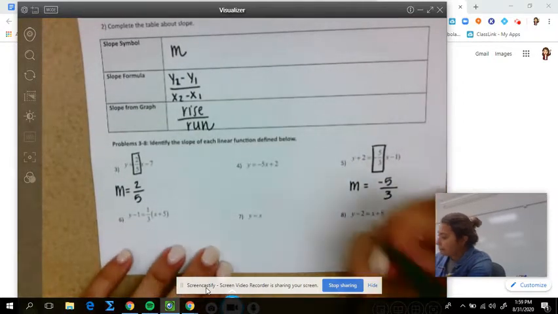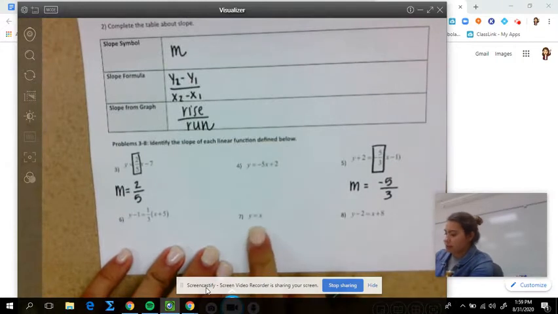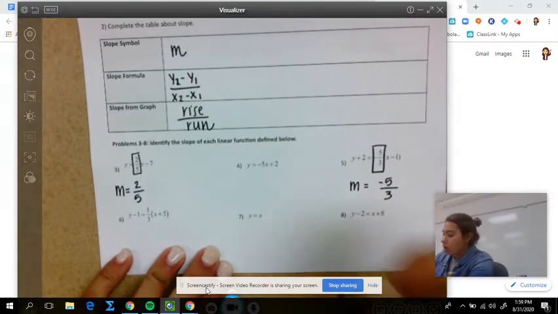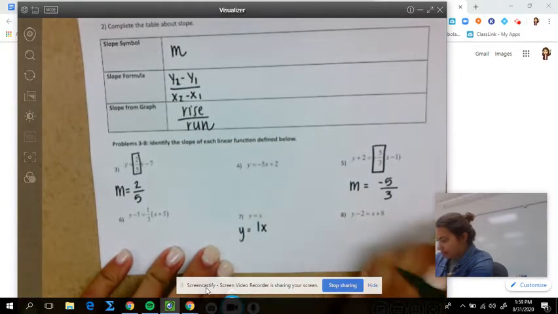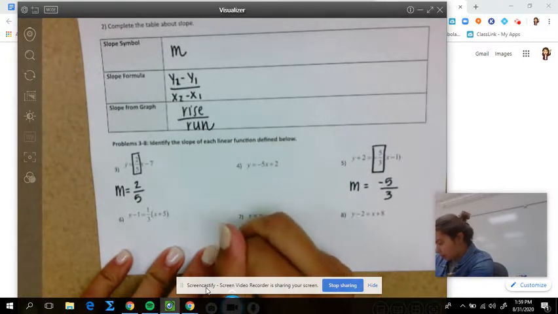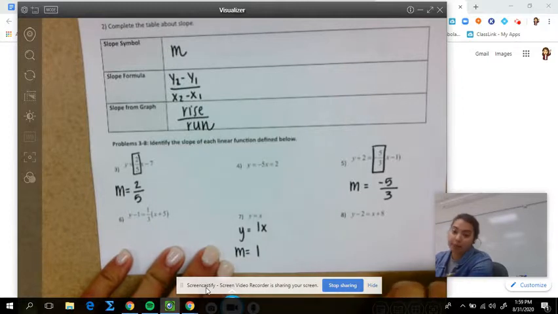Number 7 is kind of interesting. y is equal to x. Really, you can write that as y is equal to 1x, so our slope is just 1. So you're going up 1 over 1, up 1 over 1.